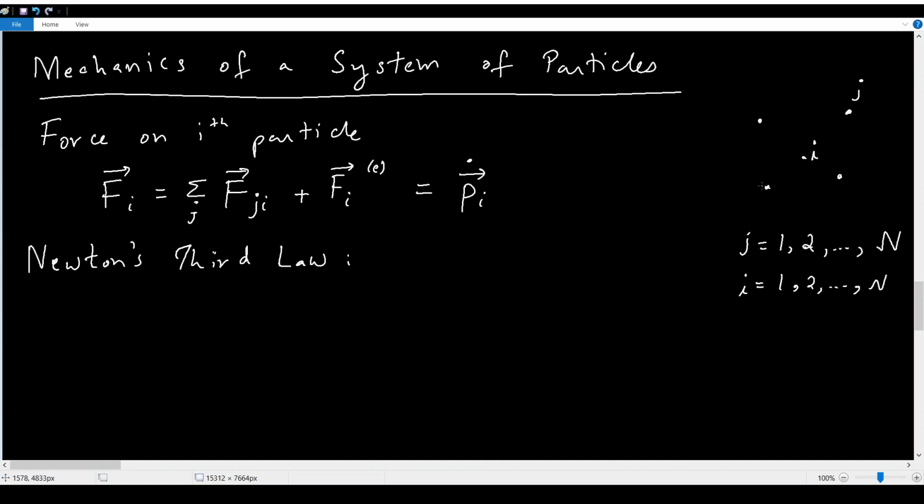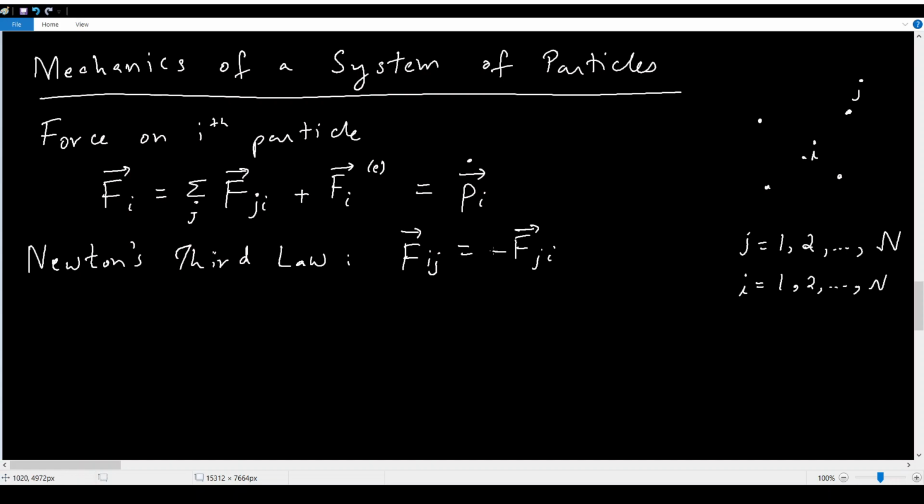Equal in what way? In magnitude. And opposite in what way? In direction. So the force applied by i on j is equal to the force applied by j on i. However, it is opposite in direction, so there's a negative sign.